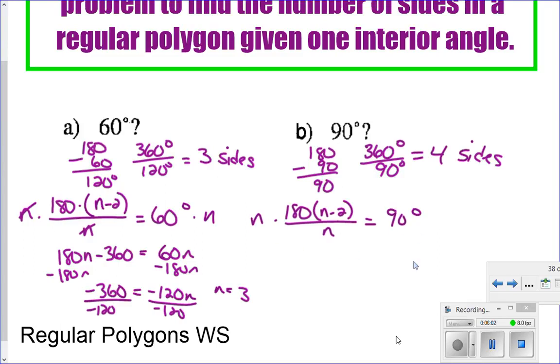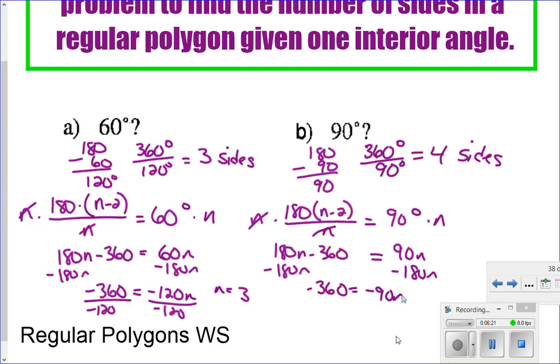Multiplying both sides by n gives me 90n is equal to 180n minus 360. Subtracting 180n gives me negative 360 is equal to negative 90n. Dividing both sides by negative 90 gives us n is equal to 4. So there are 4 sides.